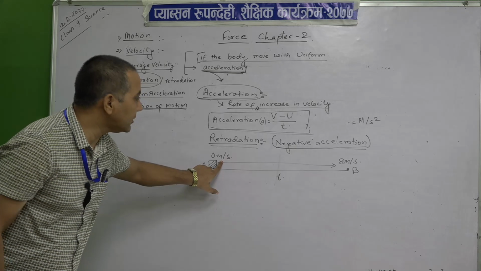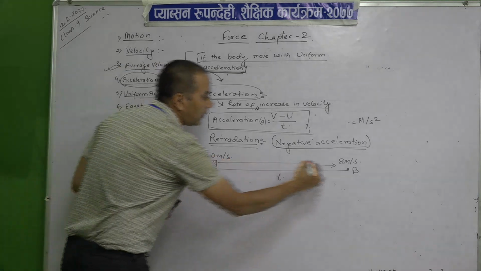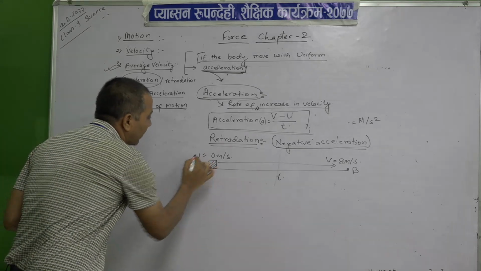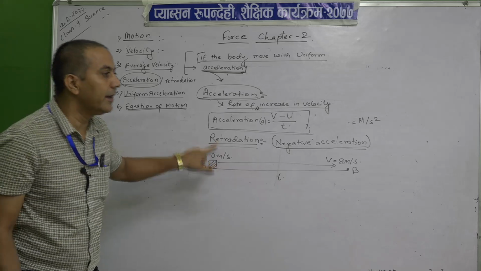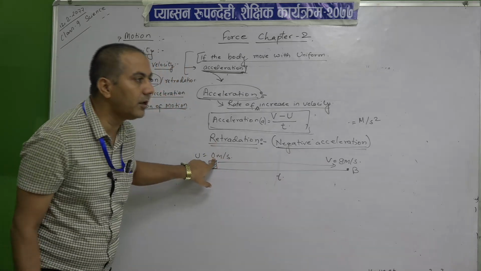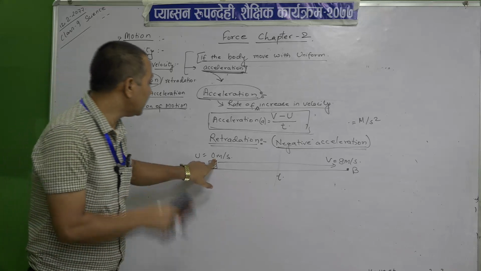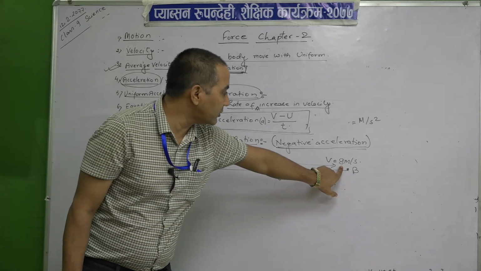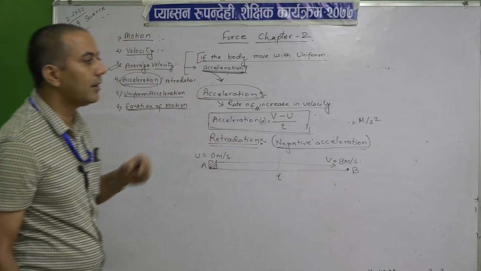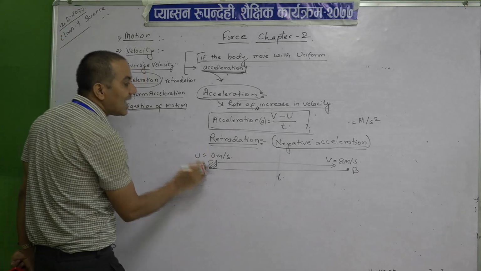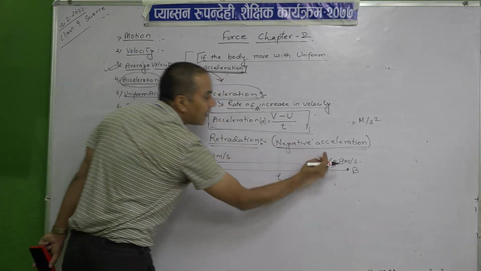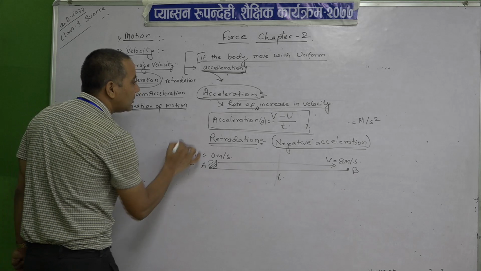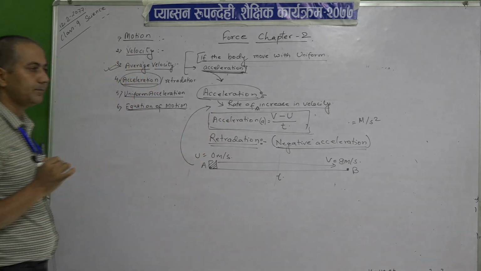So, is the velocity increasing or decreasing? Obviously, it is increasing, because initial velocity was 0 at rest, and when it reached the final point, its velocity is 8 meter per second. So, the initial velocity is less than the final velocity. It means the velocity is increasing. At that time, that is what we call acceleration.